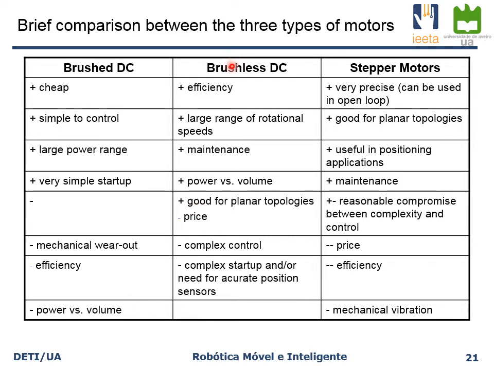Looking into the brushless DC motors, the plus come from efficiency, large range of rotational speeds. You can have brushless DC motors running as high as 15,000 RPMs, for instance. No maintenance, basically it's maintenance free, and good power versus volume ratio. Also, this is a good solution for planar topologies.